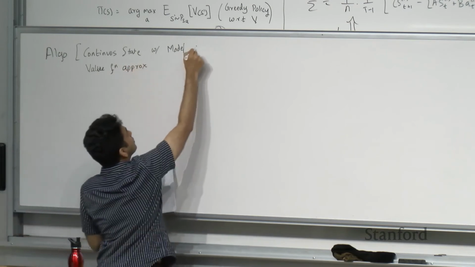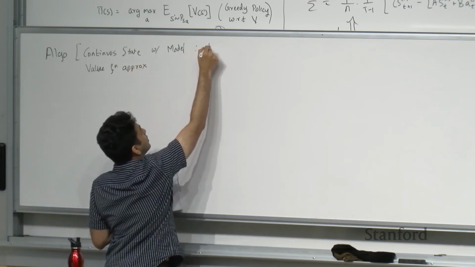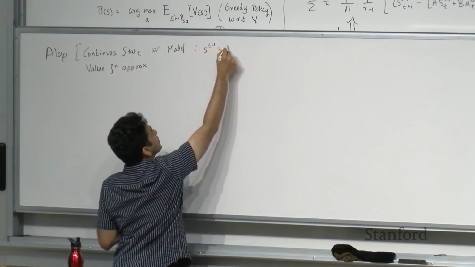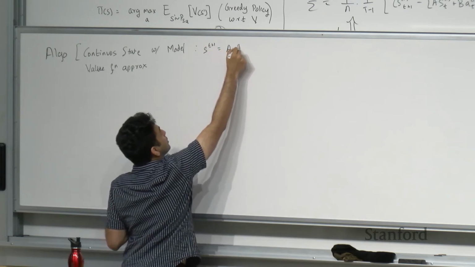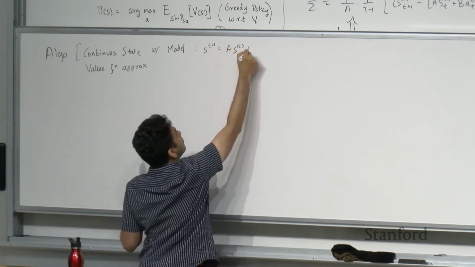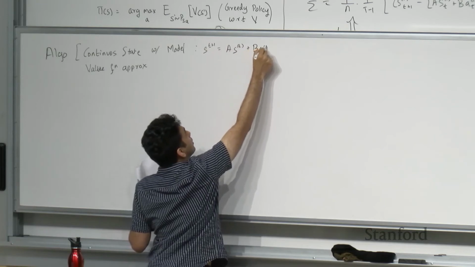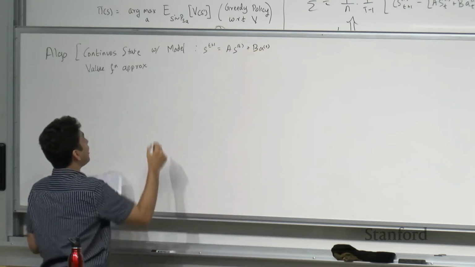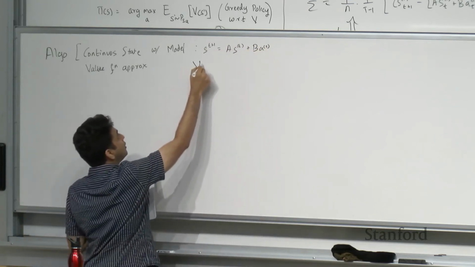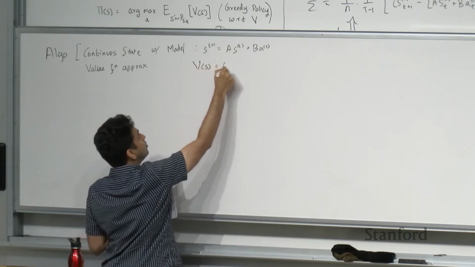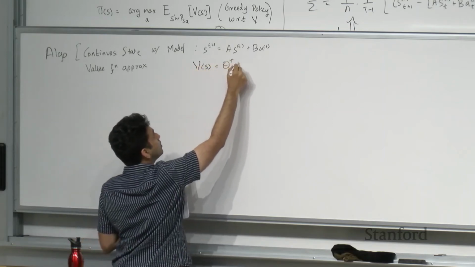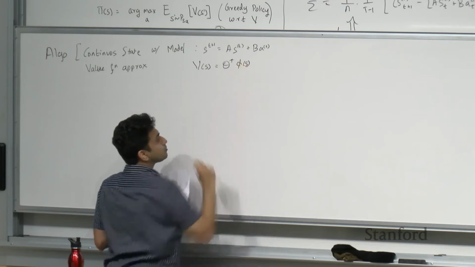Here S t plus 1 equals A S t plus B A t, and the value function approximation is V of S equals theta transpose phi of S.